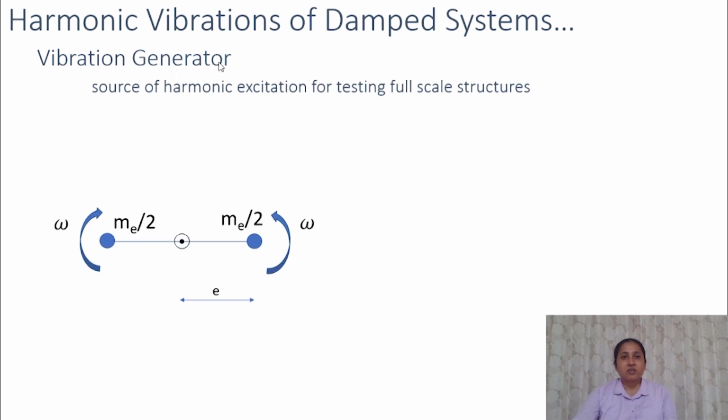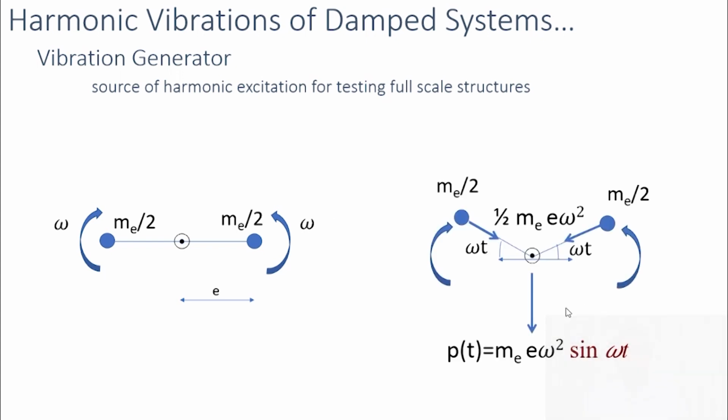This vibration generator will have two masses of equal mass, placed at some eccentricity e from the center, and these two masses rotate in opposite directions with some angular velocity omega. This one will be rotating in clockwise direction and this one in anti-clockwise direction. At time t, the eccentric masses would have moved by an angle equal to omega t.